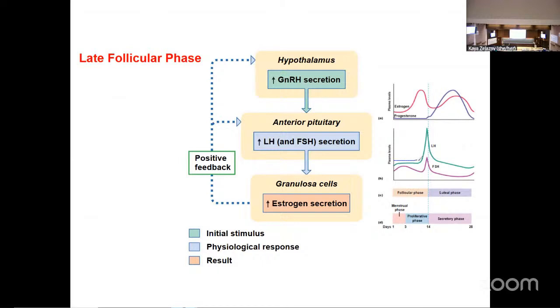And then we hit the late follicular phase and estrogen starts working differently. And now we have a positive feedback loop. So this is why we see LH spiking. LH is the one we're really focusing on, but FSH is kind of doing the same thing in miniature too. So that's what the LH surge is, that spike. And this is why it's happening.